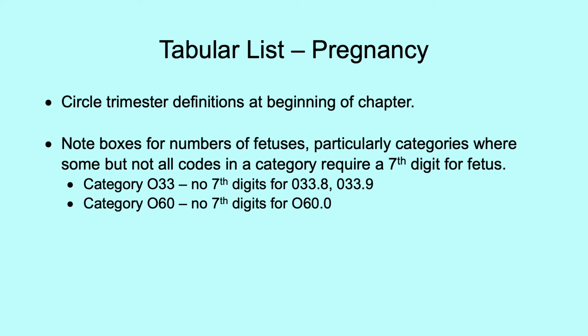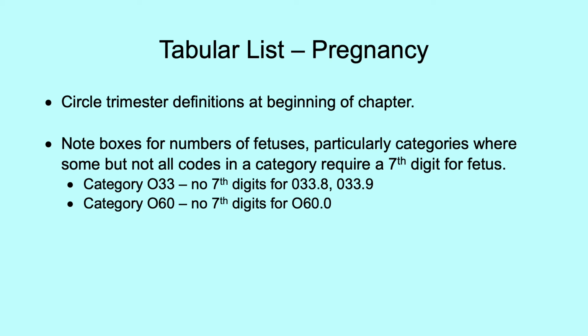The pregnancy chapter also needs some notes. Circle first those definitions of trimesters. The physician may not document a specific trimester, but may give you weeks, and then you can pick the trimester from those definitions. Another thing tricky about pregnancy in the tabular list is the tables. In most cases, the tables are used for number of fetuses. These are seventh digits.